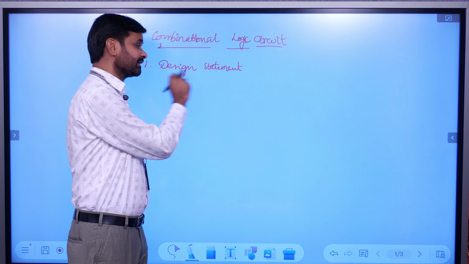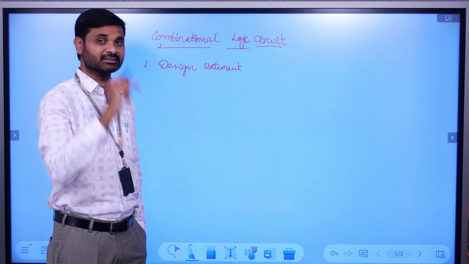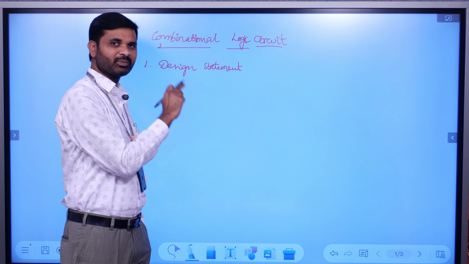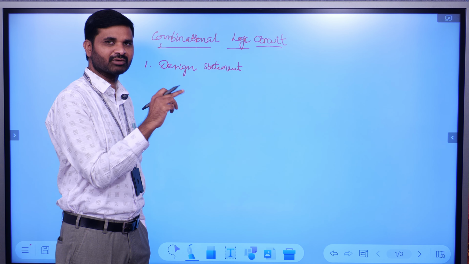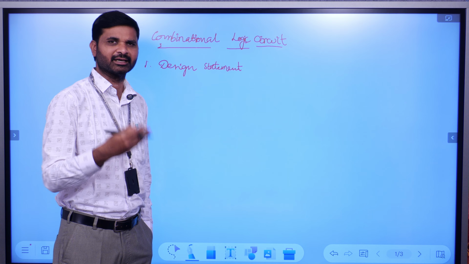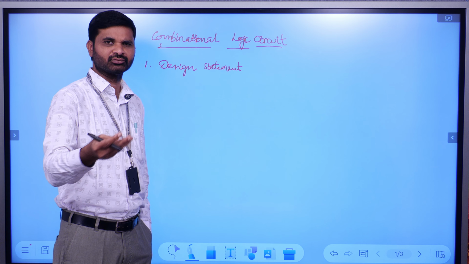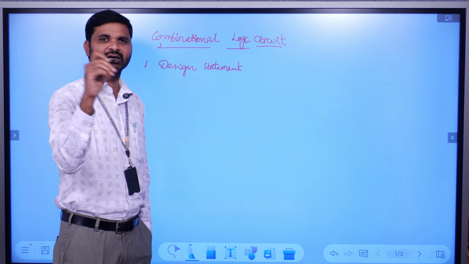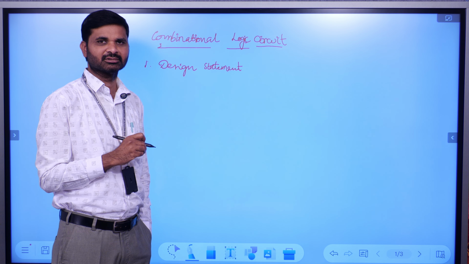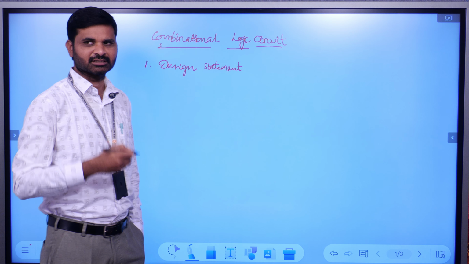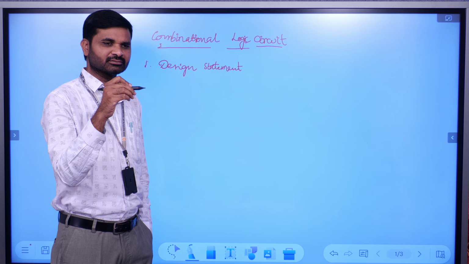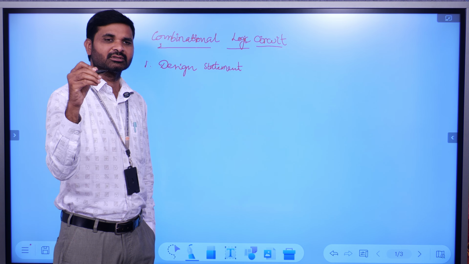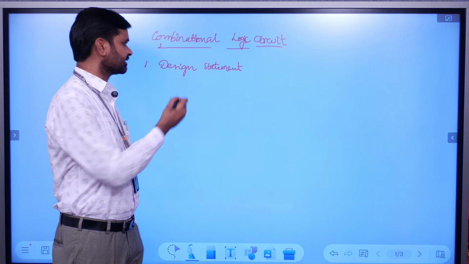So here the design statement in that multiplexer design is design of a multiplexer circuit, a 4x1 mux. Or else if you are taking any arithmetic circuit like half adder, full adder, half subtractor or full subtractor: design of a half adder circuit, design of a full adder circuit, design of a half subtractor circuit, design of a decoder circuit. Like that, design statements will be there.